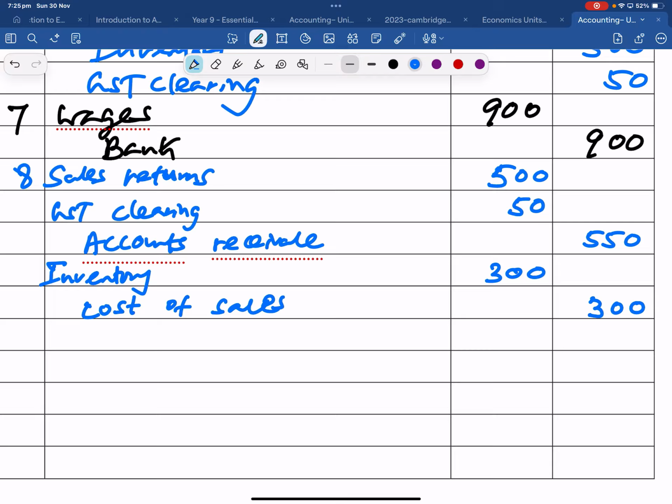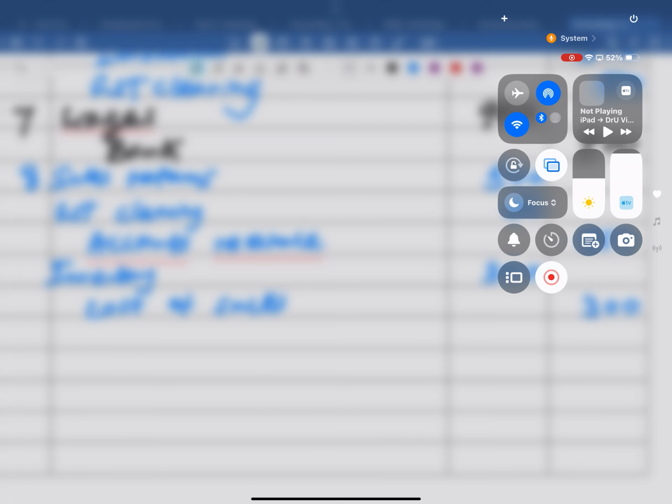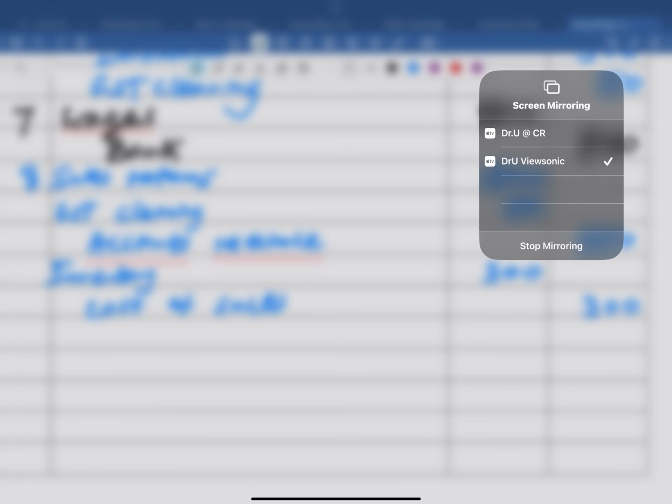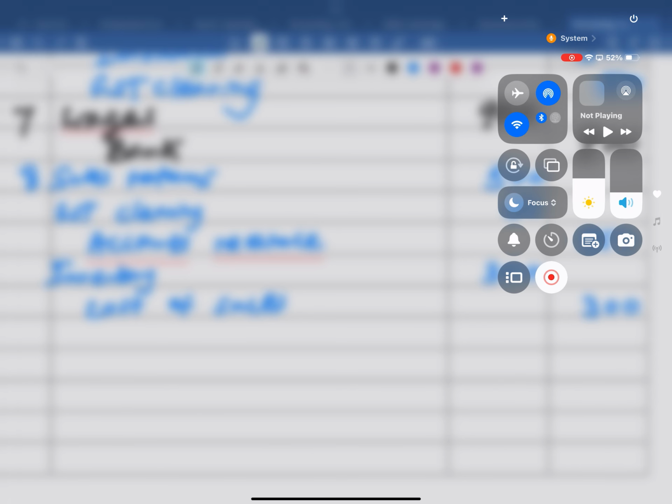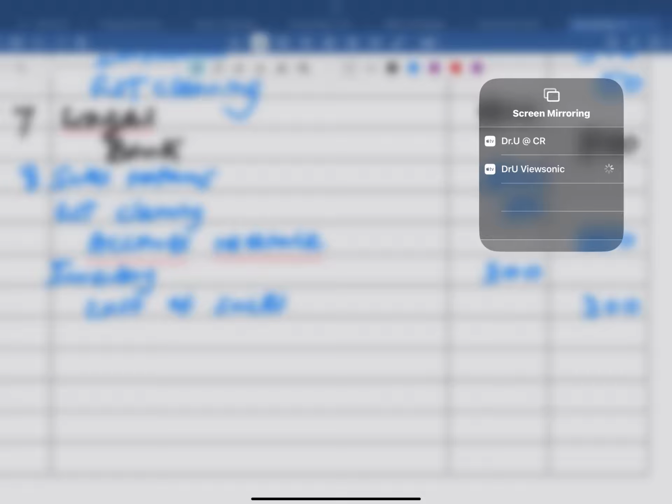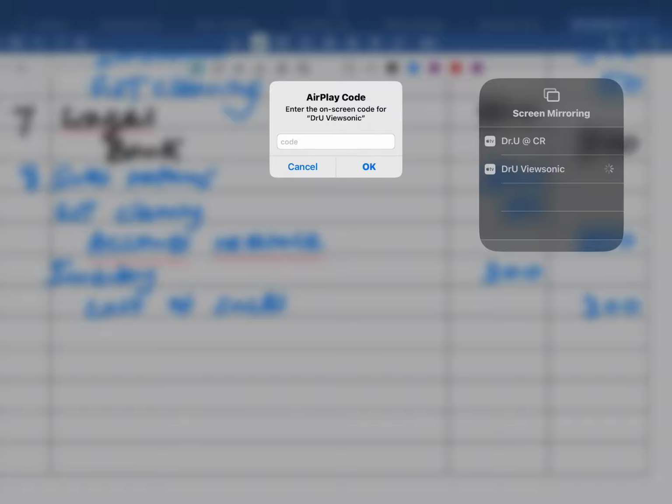But when the sales is returned, when the sales is cancelled, our expense decreases. Think about the inventory. When expenses decrease, what happens? Expense decreases credit. That's why we are crediting the cost of sales.